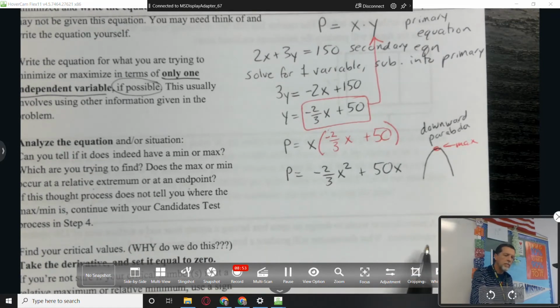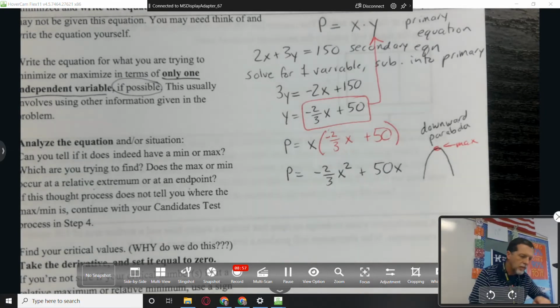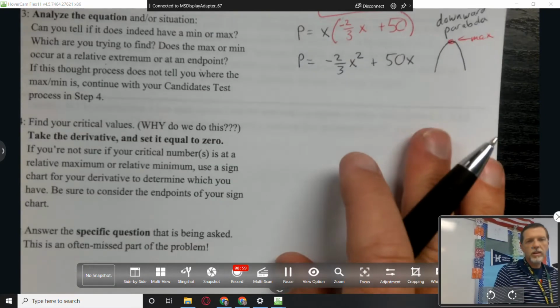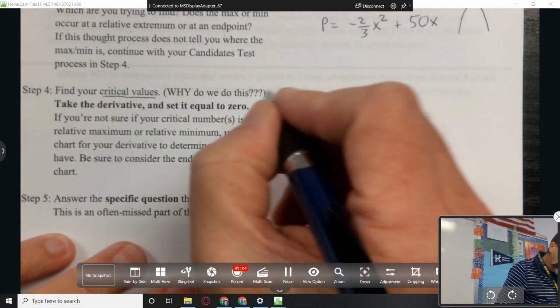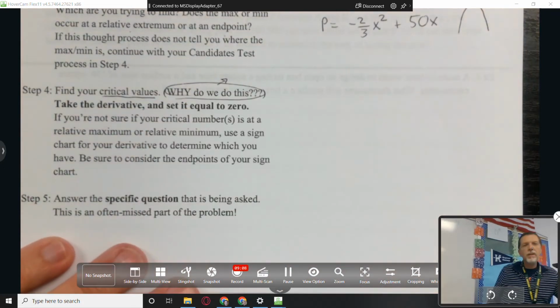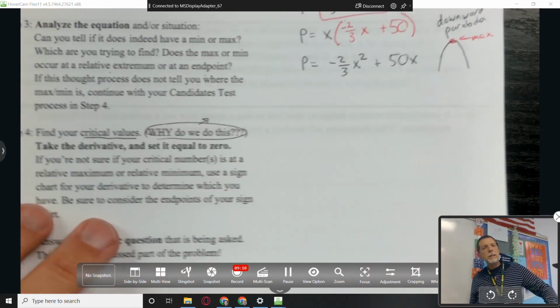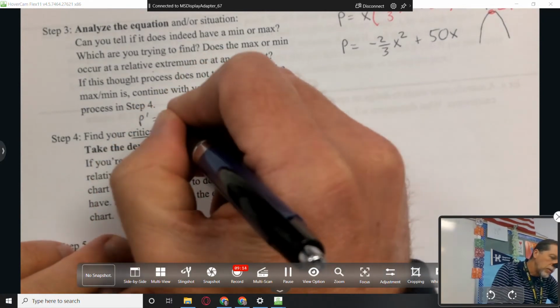So now let's take a derivative, p prime. Find your critical values, step 4. Why do we do this? Critical values would be where p prime equals 0 or undefined.